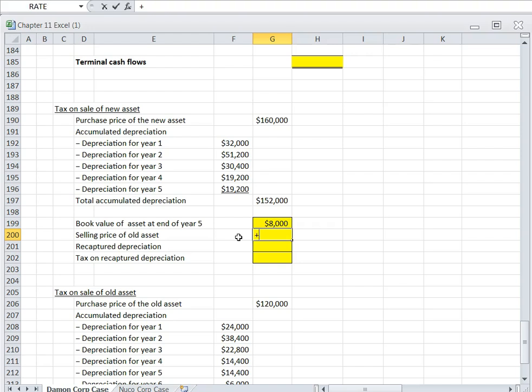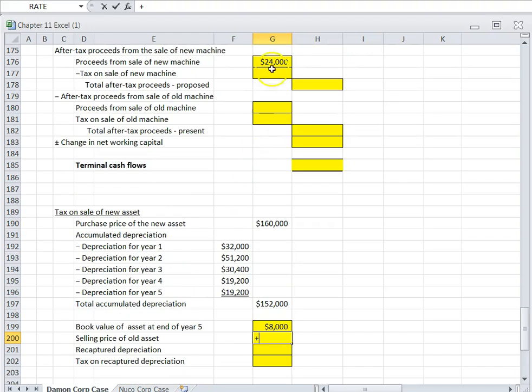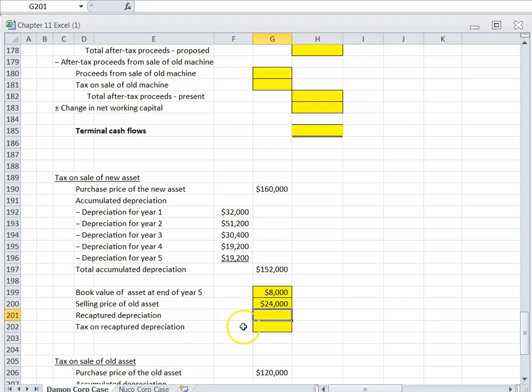And then I have the sale of the old asset, which we put up here. Recaptured depreciation. So the recaptured depreciation is going to be the difference between what we're selling the asset for versus the book value. So we're selling the asset at $24,000. The book value is $8,000.